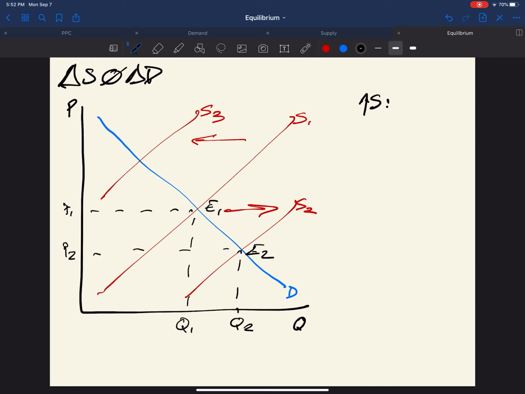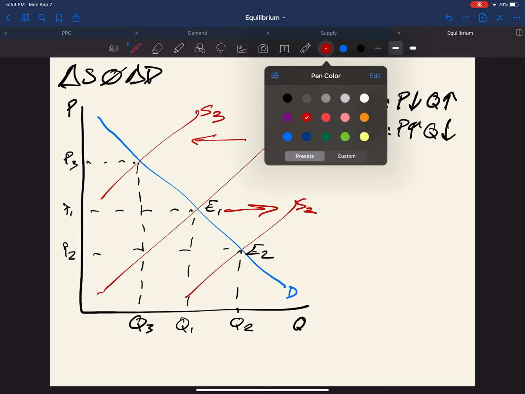So in this particular case, my price decreased, but my quantity increased. Now again, that looks like the law of demand, and that should seemingly raise some flags. All right. Now, what if we were to do the other side? We're going to see a decrease in supply, so that increases my price and decreases my quantity. So what in the world is going on here?